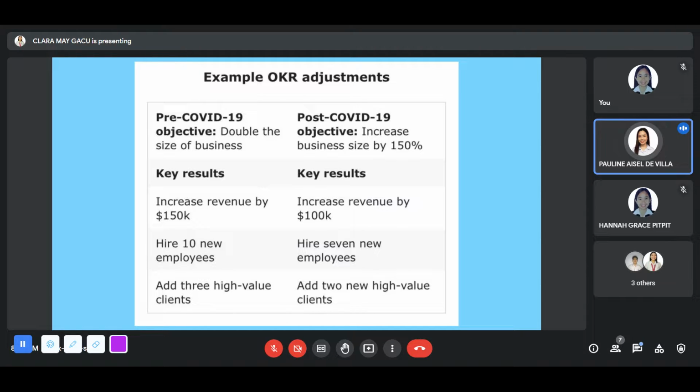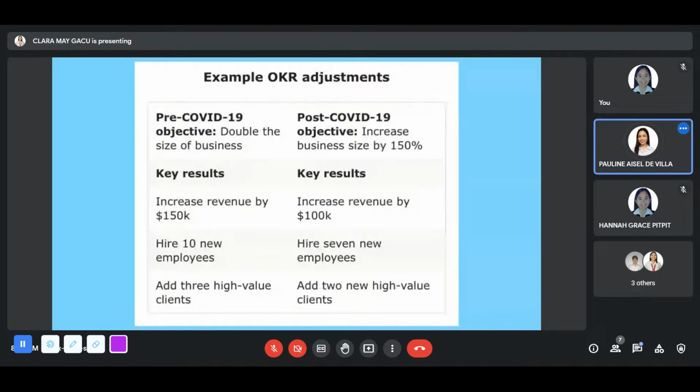So how can it be adapted for a post-COVID-19 market? One strength of OKRs is that they are highly adjustable. For example, if your goal at the beginning of the year is to double the size of your business, and key results include increasing revenue by $150,000, hiring 10 new employees, and adding 3 new high-value clients, you can scale those numbers to account for the market changes.